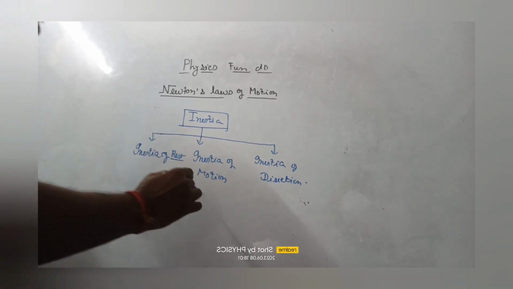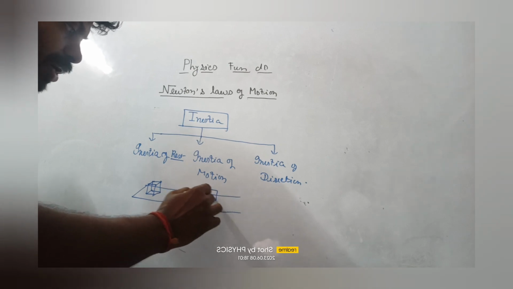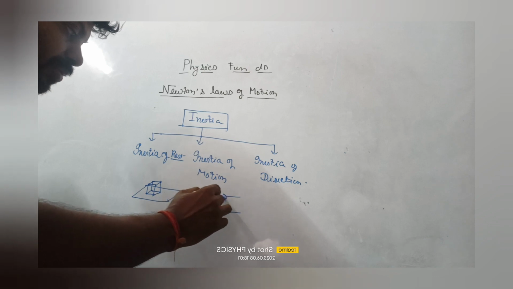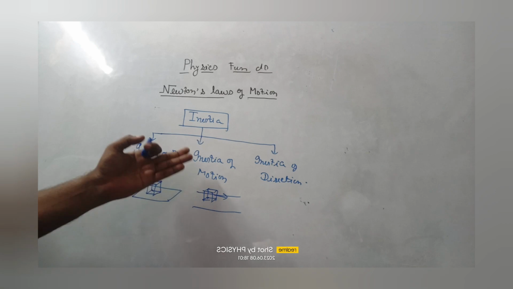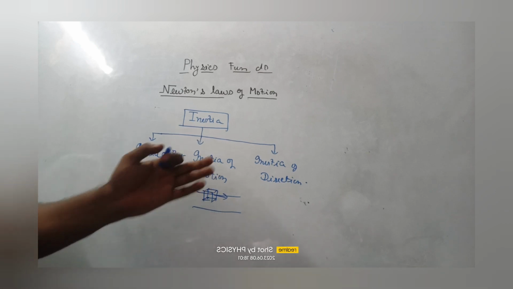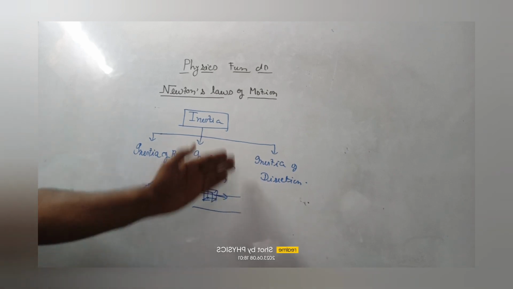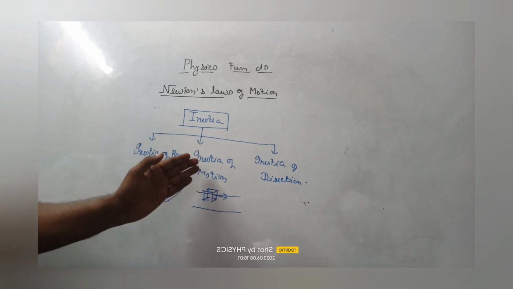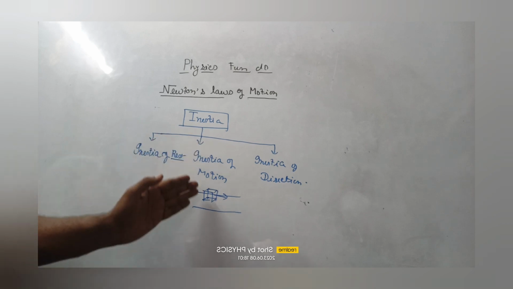A wooden block moving along a straight path with uniform velocity, if there is no external force, will move along the straight path with uniform velocity. If there is an external force, it still tries to move along the straight line with uniform velocity. That is the inertia of motion.